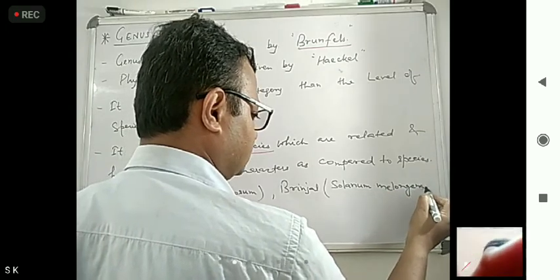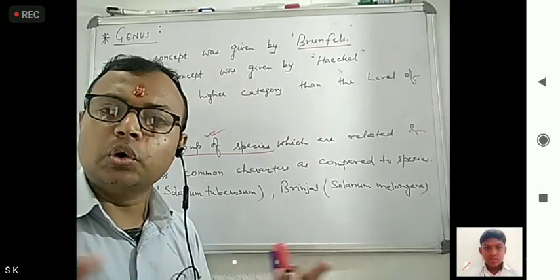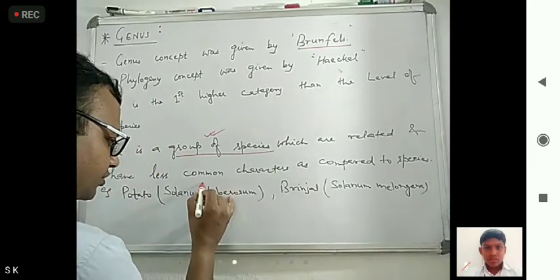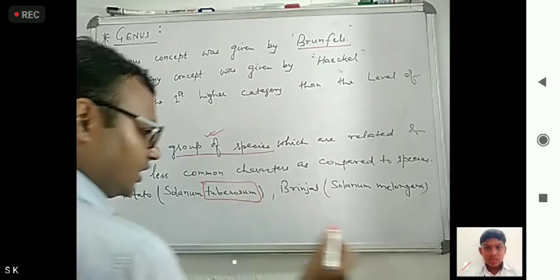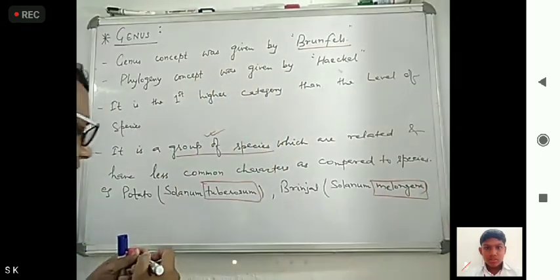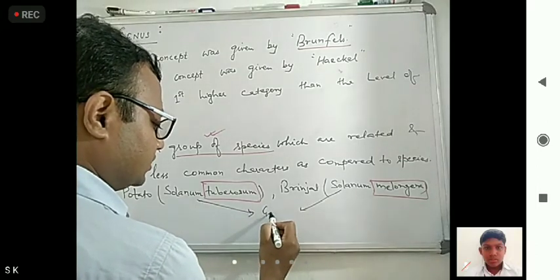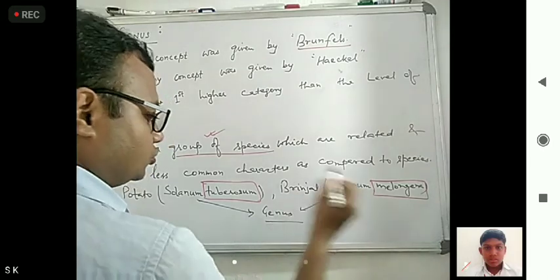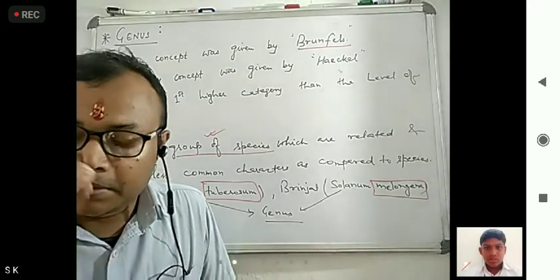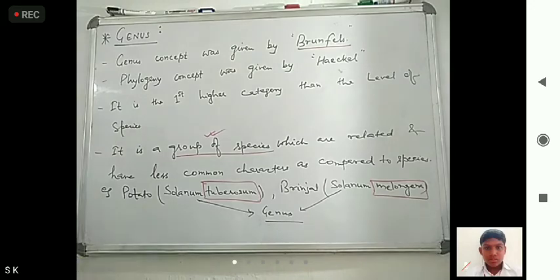If we compare these two, they are different species: one species is tuberosum and one species is melongena. But they have a common genus, and that is Solanum.